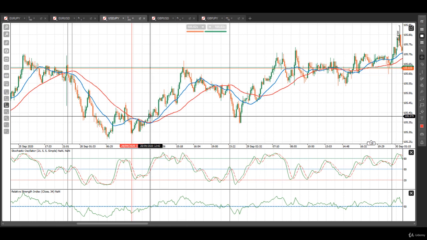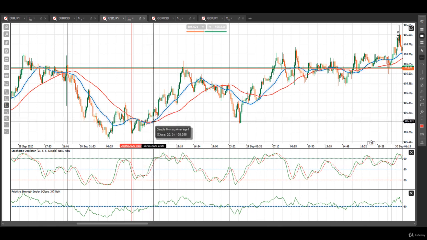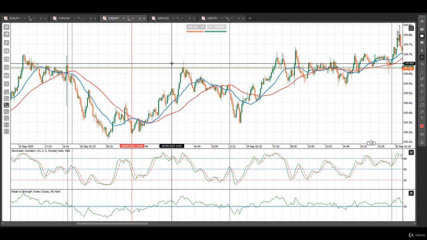So in this case I am going to trade the GBP JPY, because at lower time frames the USD JPY is trending up at the same date.